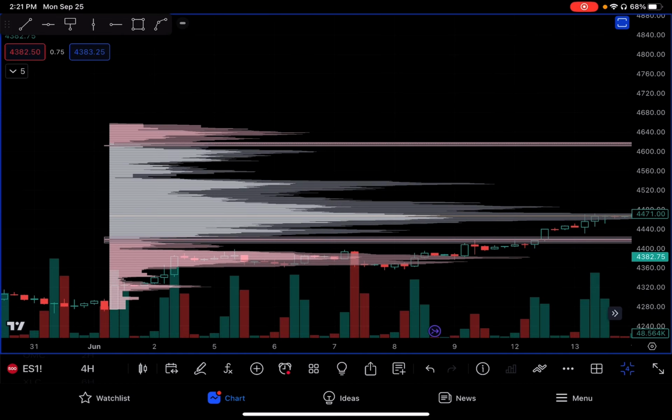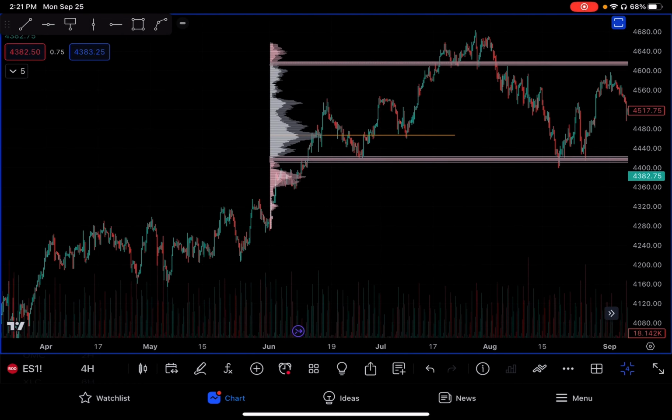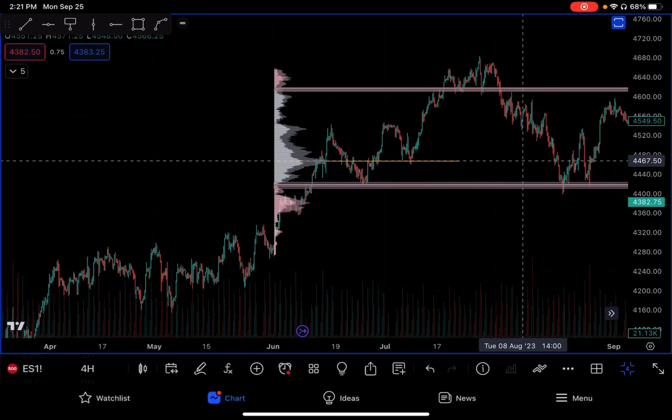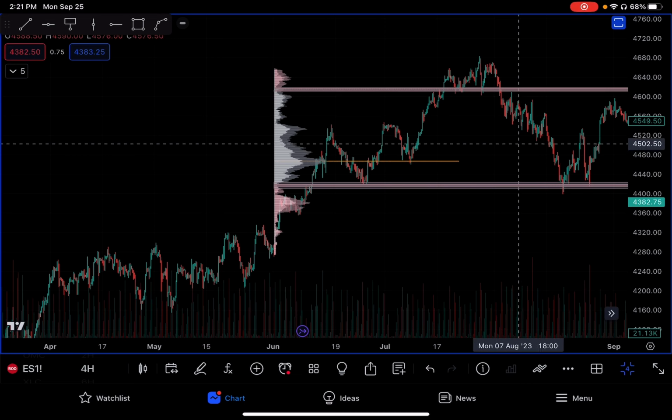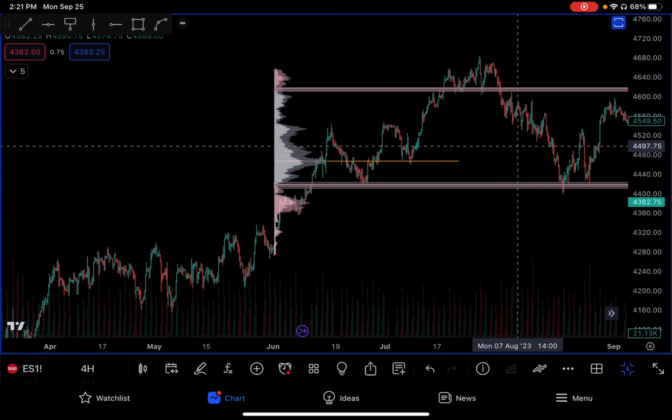Now sometimes it's really confusing with these, right? So sometimes I like to squish them up, pull them apart, just kind of helps me visualize everything. So here is our point of control, and then from about here to here is a balance zone.